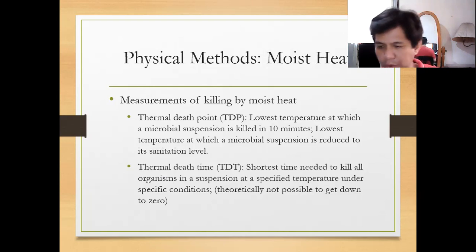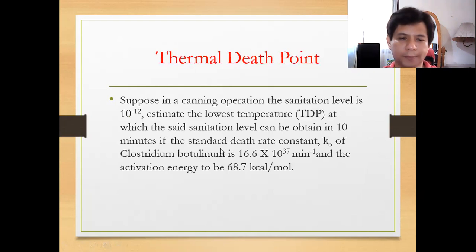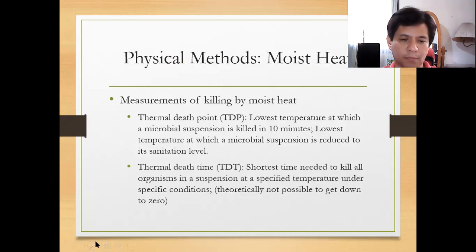basically we're going to use the two equations that we have already used in our previous topic. So probably we'll be using the first order equation. Di ba tandaan niyo pa yung first order equation, yung N is equals to N sub O E to the negative K times time.